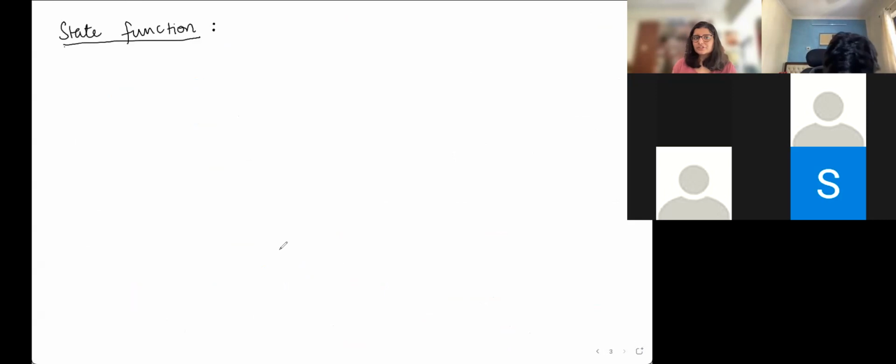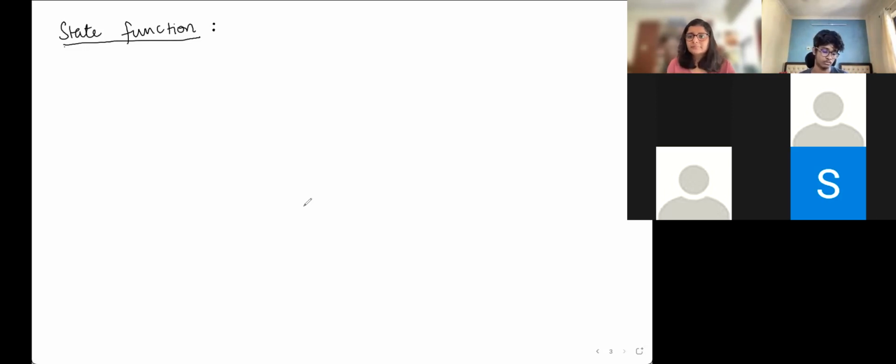State functions and path functions also describe things, but they're not characteristic of a particular substance. They basically describe the state of a particular system.